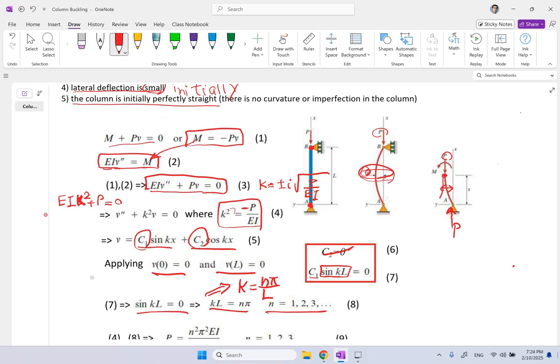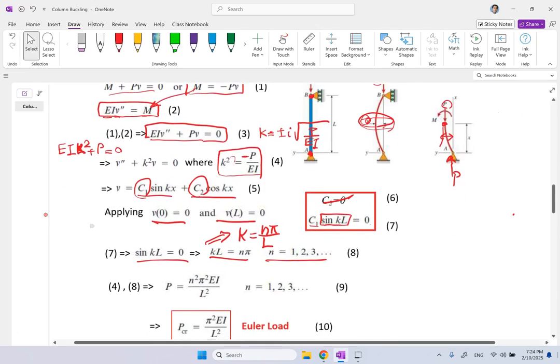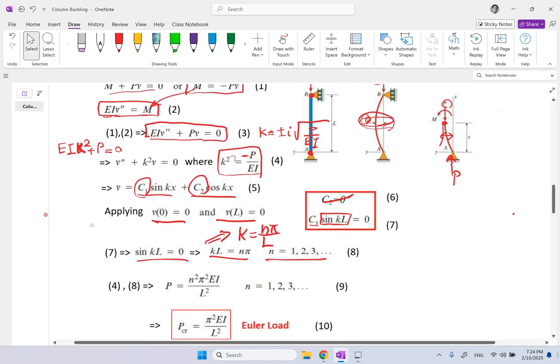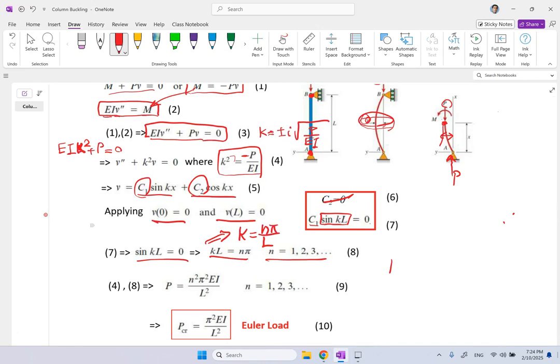Now, pay attention that K squared is negative P over EI, correct? And of course, from here, if we just look at the magnitude, P over EI equals... now remember that K squared is basically P over EI times a negative 1.